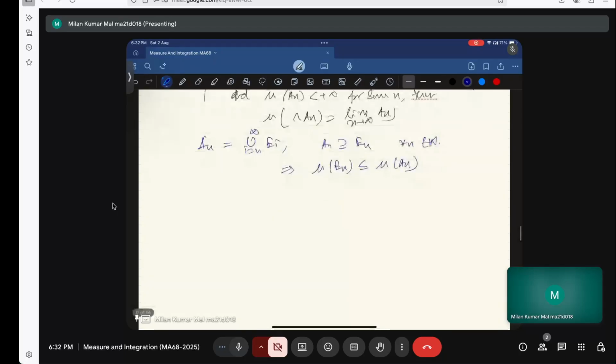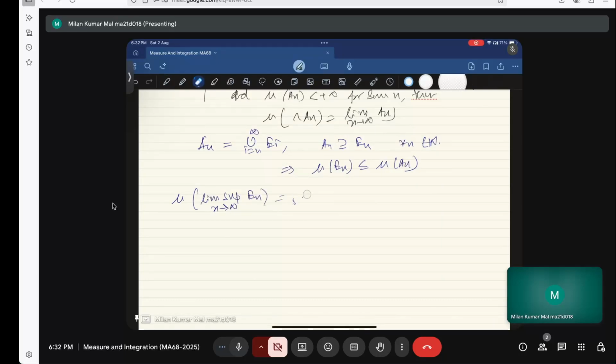Now what we got: mu of the limit supremum of En as n tends to infinity is equal to mu of the intersection over n equals 1 to infinity of An, sorry, this is intersection, that is equal to the limit of mu of An as n tends to infinity.